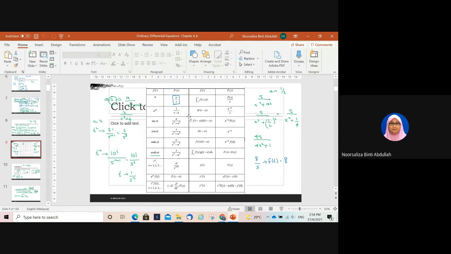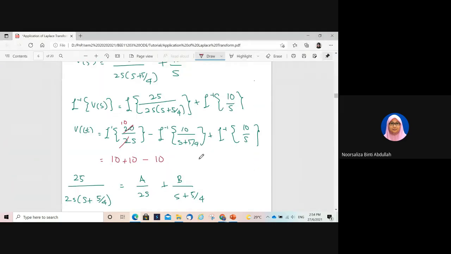If S plus A, then it will be exponent minus AT. Okay. So here will be 10 exponent minus 5 over 4 T. Okay, we simplify again. Kita pemudahkan kan. So 10, 10, so 20. 20 minus 10 exponent minus 5 over 4T. You times with HT.